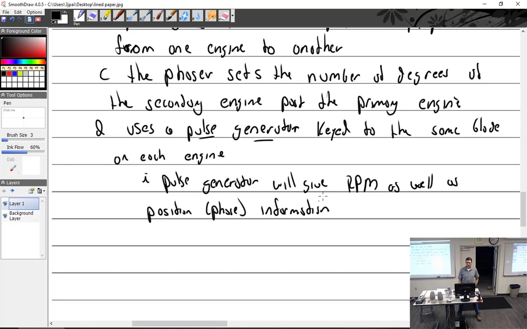So obviously if the pulses are at the same time, the props are in sync, but if it's different, then they're out of sync.